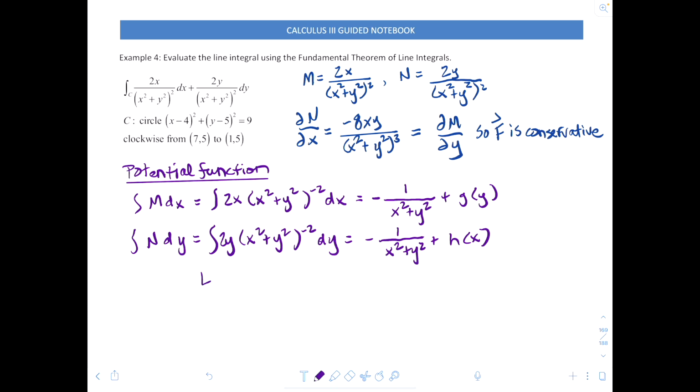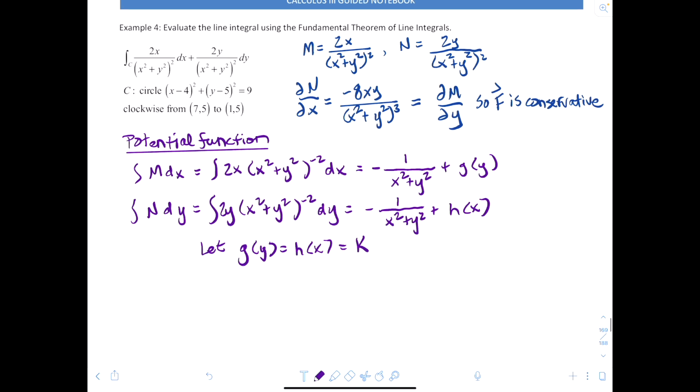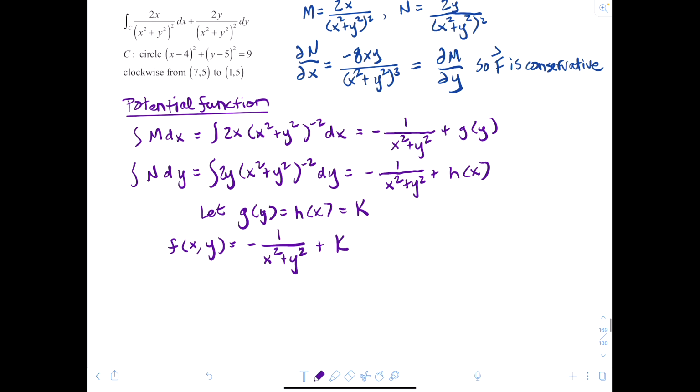So why don't we let g of y equal h of x equal to some constant k, because we didn't end up with any functions alone in x or functions alone in y. So that means our function in x and y will end up being negative 1 over x squared plus y squared plus k. Groovy?